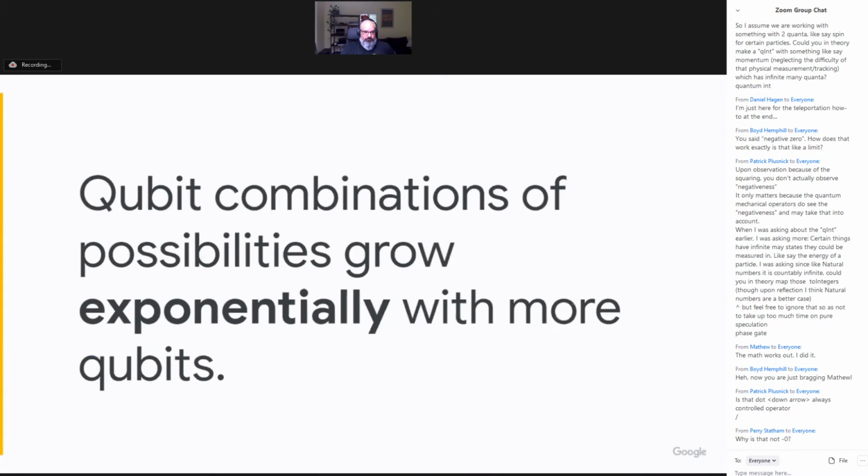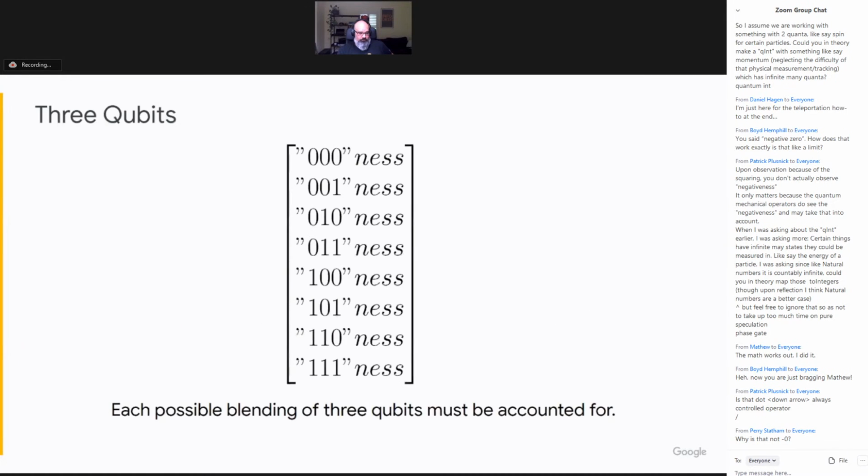Okay, big idea. Qubit combinations of possibilities grow exponentially with more qubits, just like coin tosses. 2 coins, you have 4 different outcomes. 3 coins, you have 8 different outcomes, and on and on and on. When we have 3 qubits, we only need to keep track of this if we're using a supercomputer to run a simulation, but nature keeps track of it just in the quantum particles themselves.